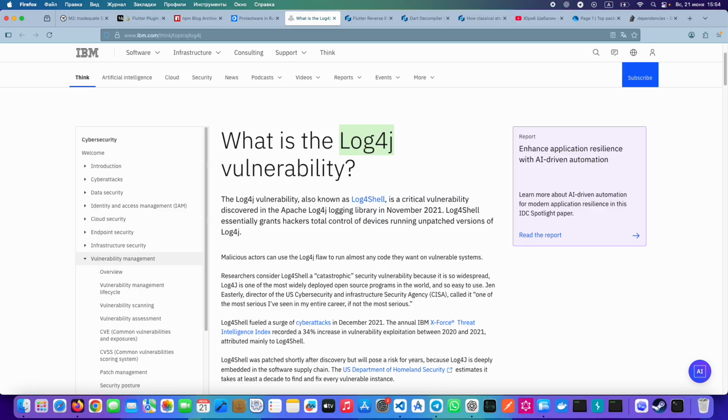For example, Log4j was a package. They tried to log data.